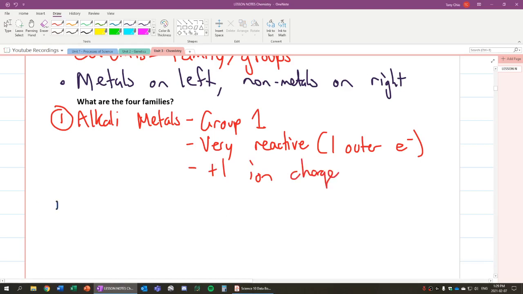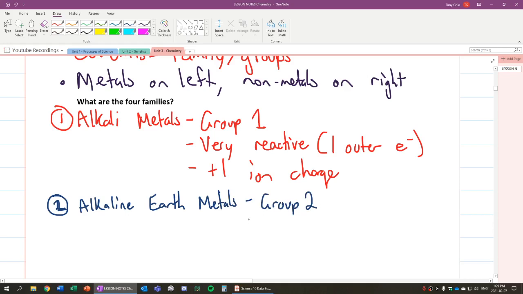Our second family are the alkaline earth metals. And these are group 2 elements. They are still reactive, and they're reactive because they have 2 outer electrons, which means that they have a +2 ion charge.